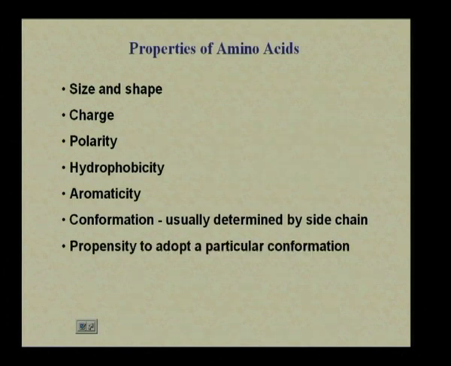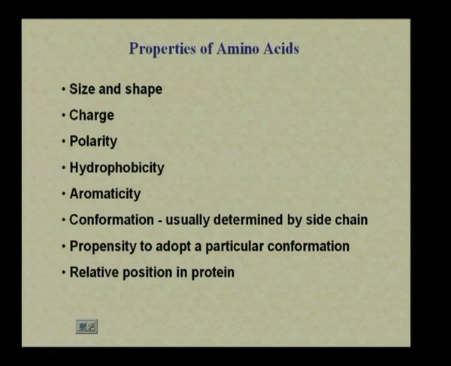This we will study, the propensity to adopt a particular conformation. This comes when we will be doing the secondary structure of proteins, which we will be doing in detail later on, and the relative position in proteins we can say from the properties that we already know.